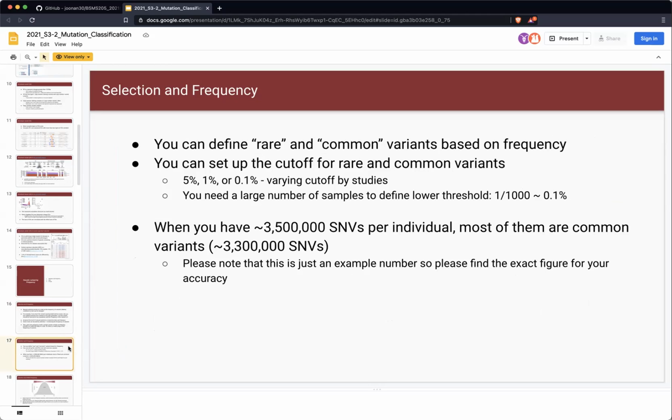or common variants based on the frequency, right? If you want to look at some trait and measure the effect of certain variants, then you want to set up the cutoff for the variants, and then define a rare variant or common variant, right?